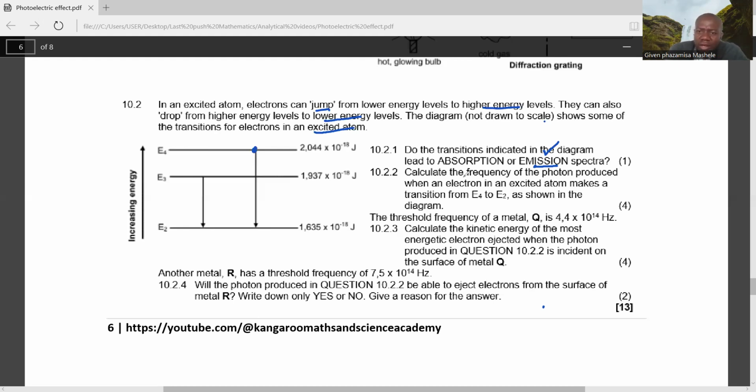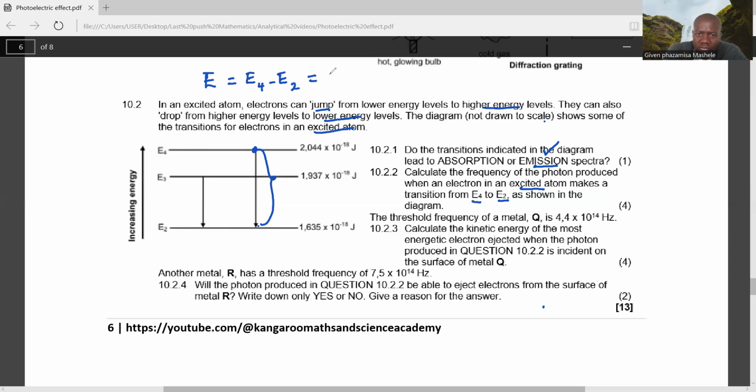Then the question says, calculate the frequency of photons produced when an excited electron transits from E4 to E2. So we need to get the difference in energy level. The energy of the photon will be E4 minus E2.